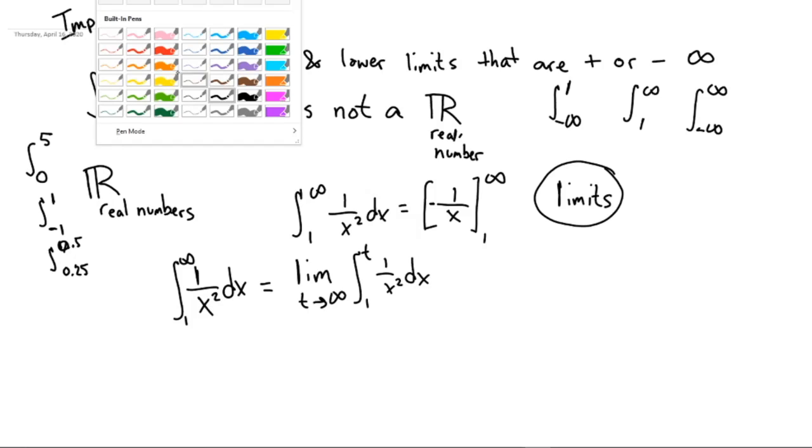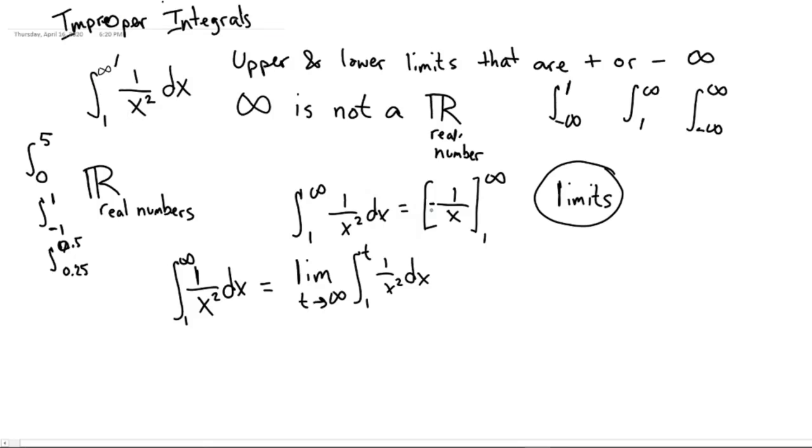So let's go with green. So the first step that I did is that I replaced infinity with some variable. I'm just going to abbreviate variable there with variable t.